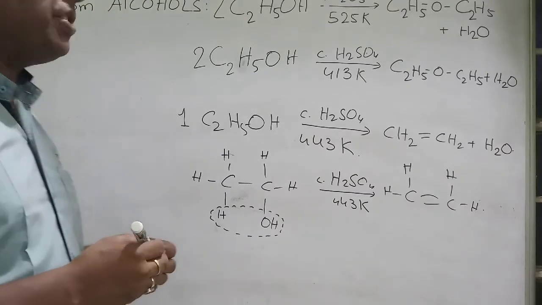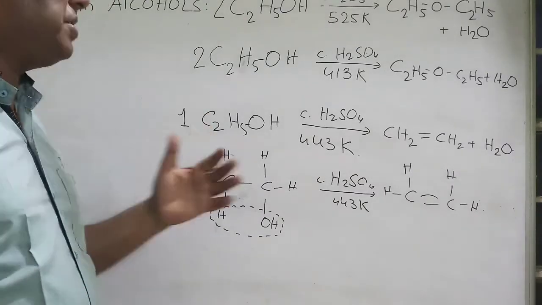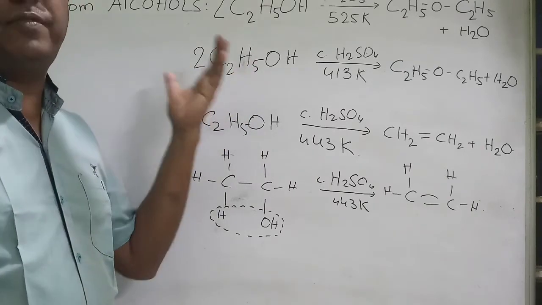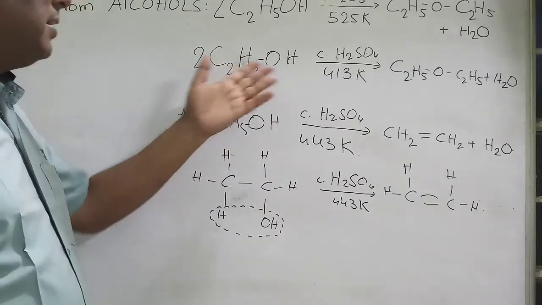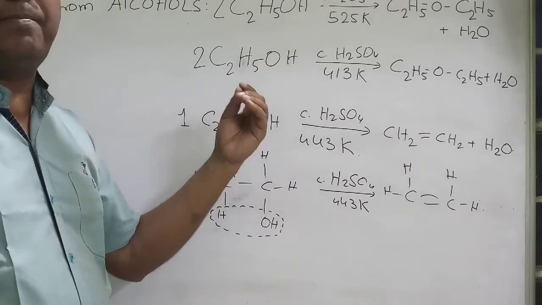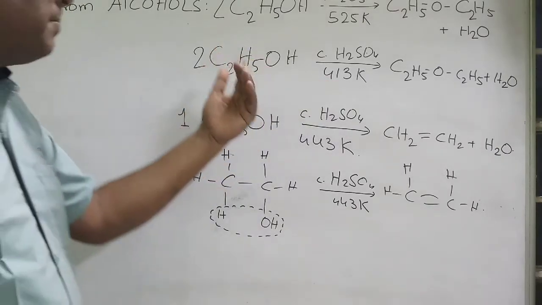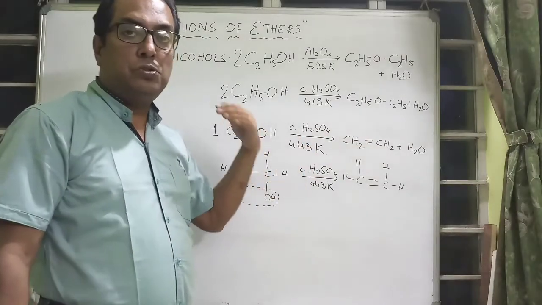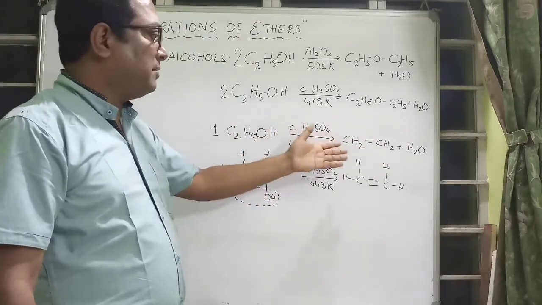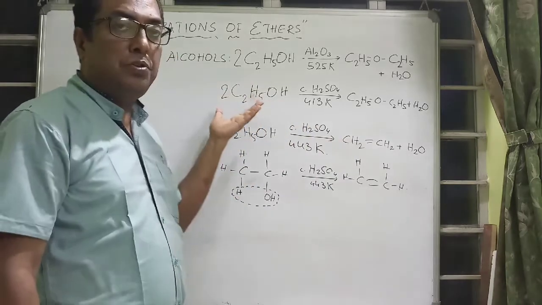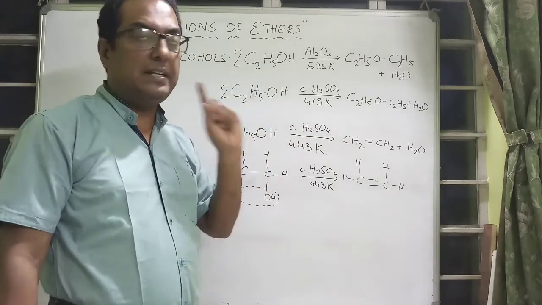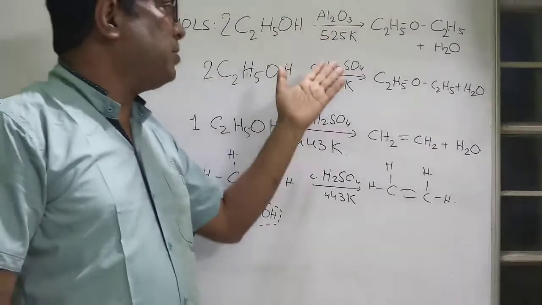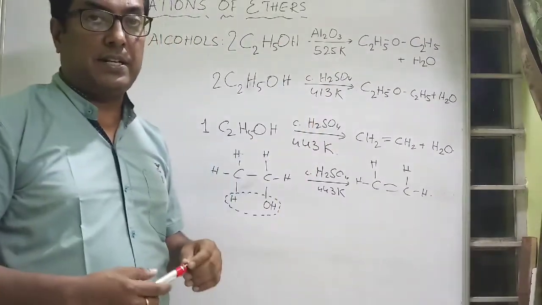In this preparation there is a limitation: we have to give a sufficient amount of alcohol, because sometimes you cannot control the temperature, and if it exceeds, it forms an alkene. To limit the amount of the alkene, we have to give a huge quantity of alcohol. This is one limitation on the preparation from alcohol using aluminum oxide or alumina and concentrated sulfuric acid.